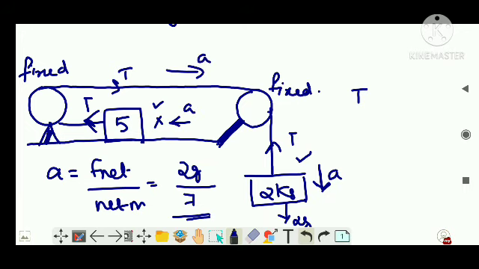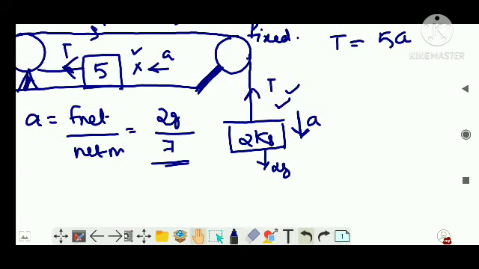So for 5 kilogram, this tension is in the direction of acceleration, so T is equal to ma, or in place of m, I am writing 5a. Similarly, let's write for 2 kilogram also. Here acceleration and 2g are in the same direction, so I write 2g minus T is equal to 2a.